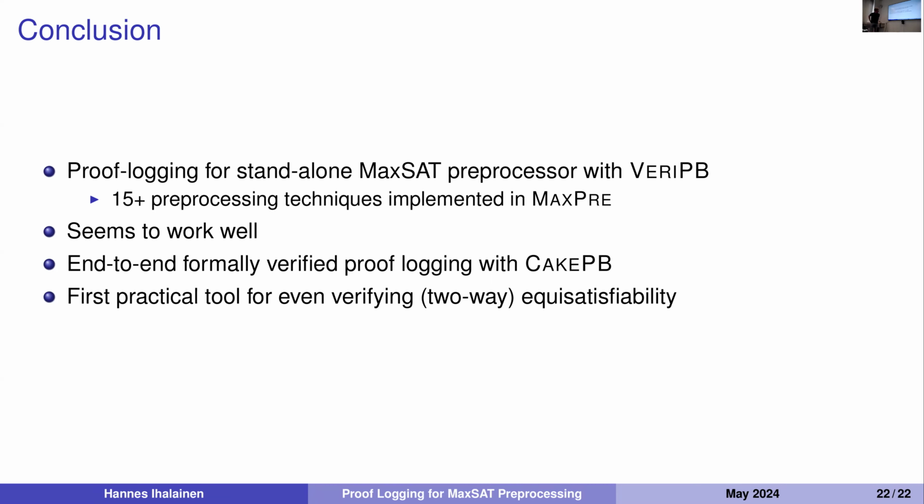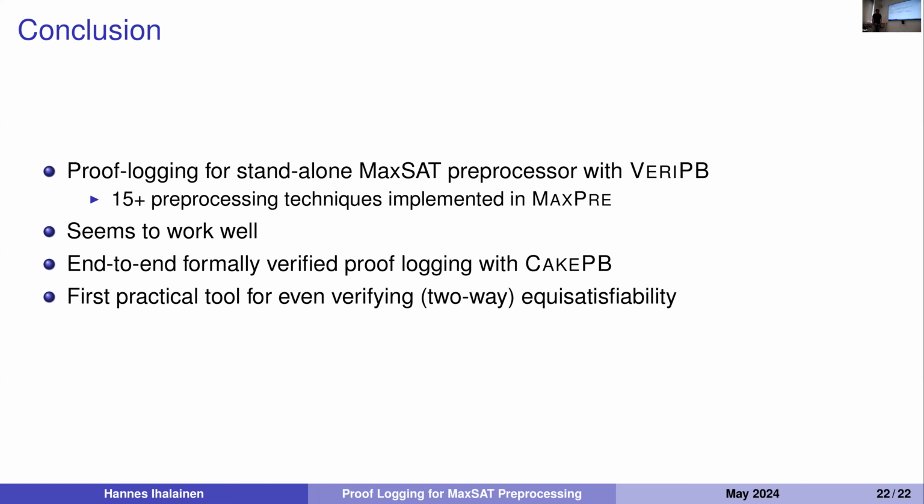Okay. Conclusion. So we added proof logging for our standalone MaxSAT preprocessor. It has more than 15 preprocessing techniques, and it seems to work quite well, even though performance might be better, but it's still good.